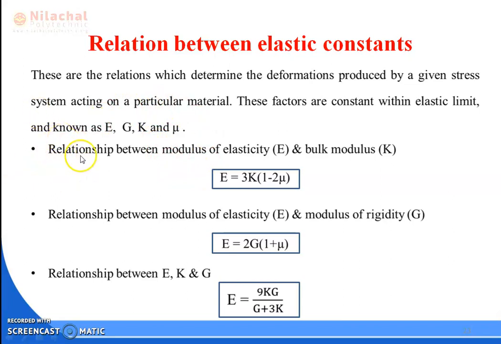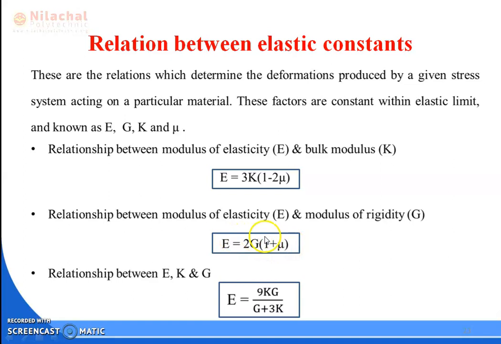First of all, the relationship between modulus of elasticity and bulk modulus is capital E equals 3K into bracket 1 minus 2 mu. It is the relationship between E and K. Then the second relationship is between elastic modulus and modulus of rigidity: capital E equals 2G into 1 plus mu.